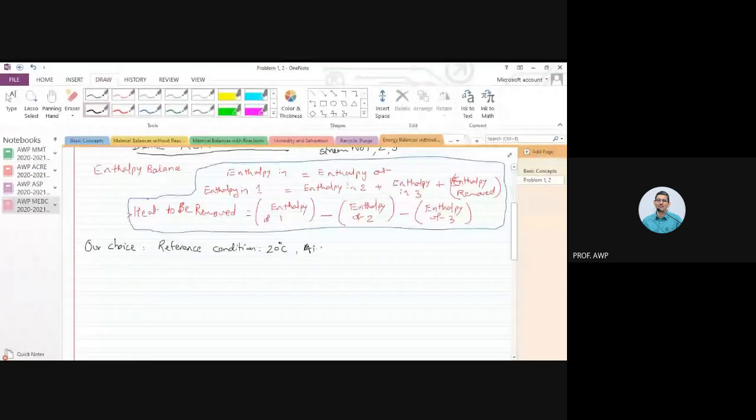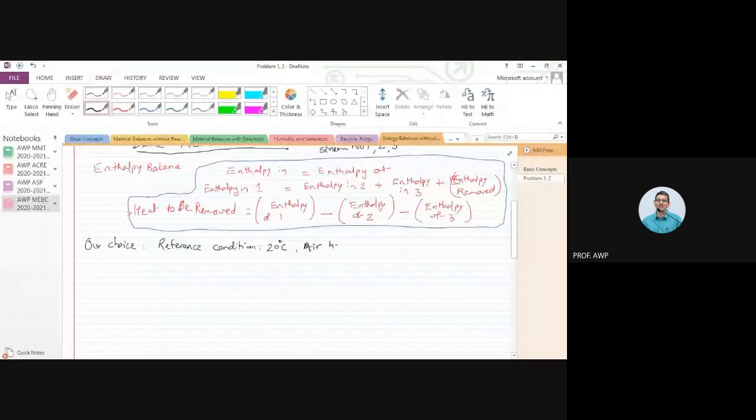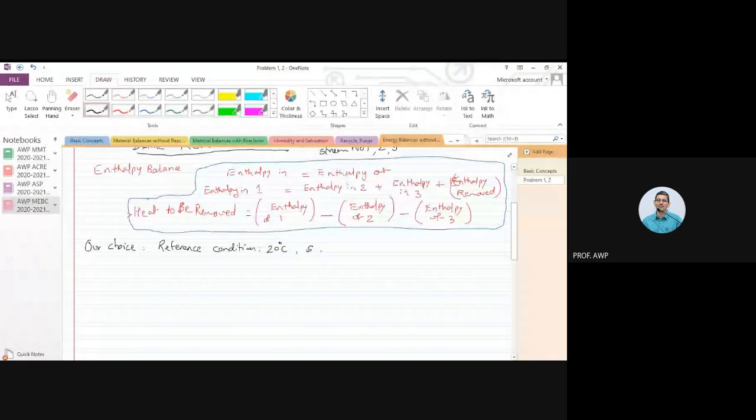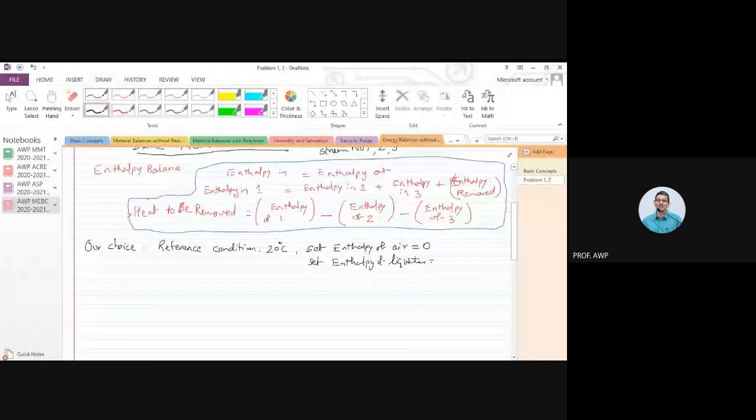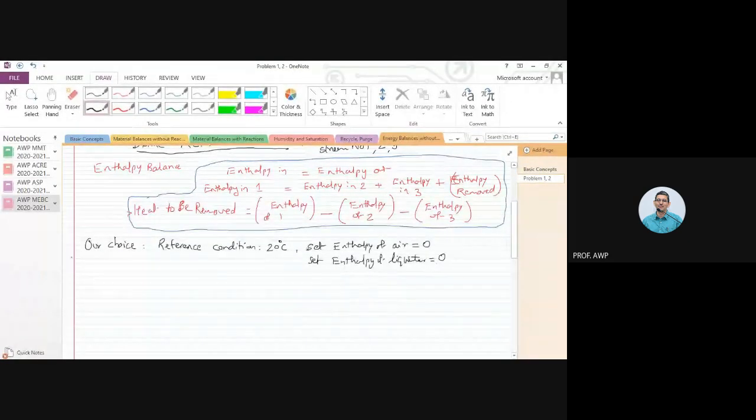Air and liquid water at 20 degrees centigrade, we set the enthalpy of air to be 0. We set the enthalpy of liquid water to be 0. This is our choice. Okay.